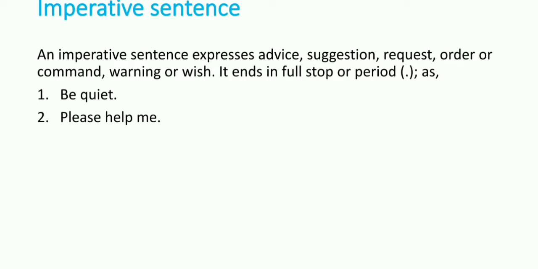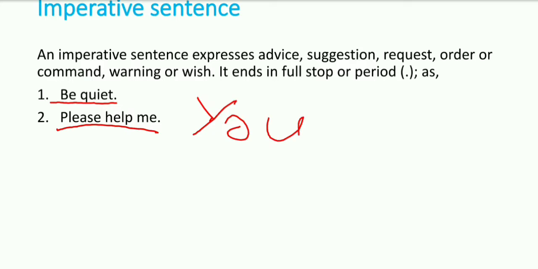Now dear friends, look at both of these sentences. Can you see the subject? There is no subject written or spoken. So here we have the subject, and that is you. In imperative sentences, you is always hidden, kept secret, and it is well understood.